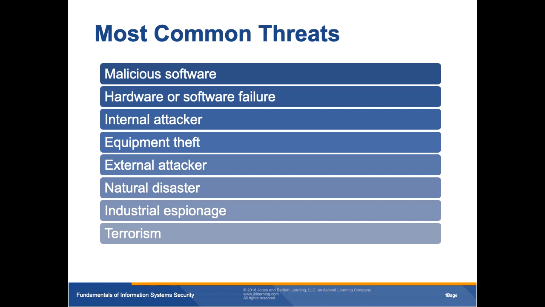You also have random equipment theft and external attackers. A lot of time and security is placed on external attackers, but the internal attacker is just as bad, if not worse, because they're behind your main firewalls and your internal systems. They have access to them. Natural disasters are threats, industrial espionage is a threat, and terrorism can be a threat.